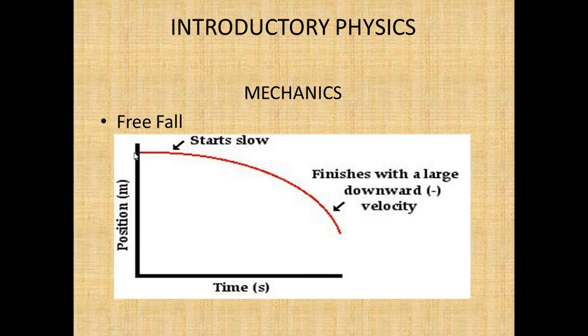But if you look at the slope, it's horizontal. So the slope is zero. So at time zero, you have no velocity because you're holding the object. And then when you drop the object, it starts slow. Look at the slope. It starts slow. And then as the slope increases, it tells you that the velocity is increasing. So the velocity gets very high because the slope is a large number.